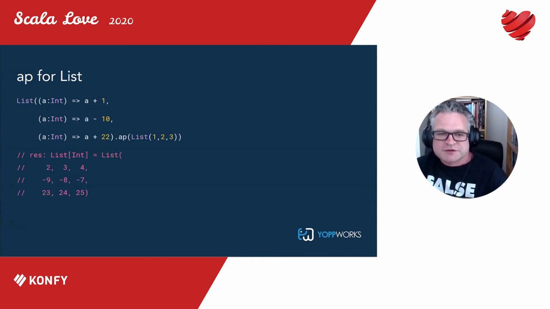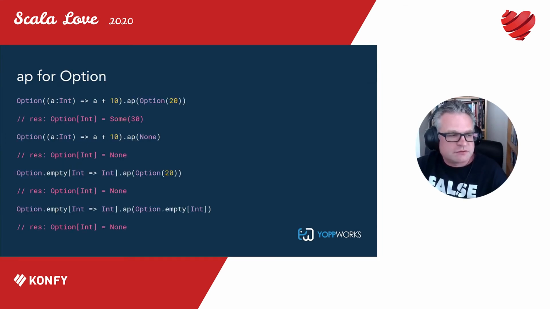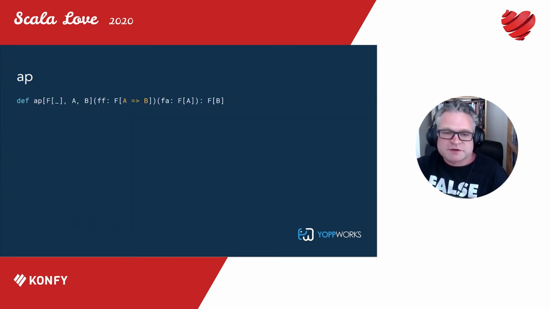Here's app for list. App for list takes a list of functions, and then it applies that list of functions to the input parameter, which is also a list. One thing I should comment on, if we go back to the type signature, is there's only one F here. There's only one effect.